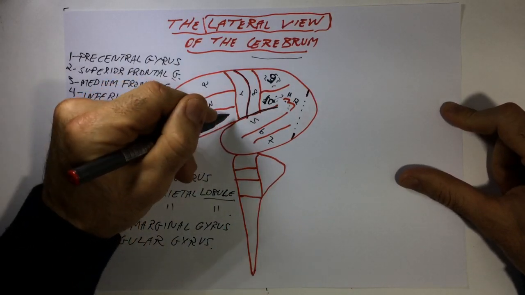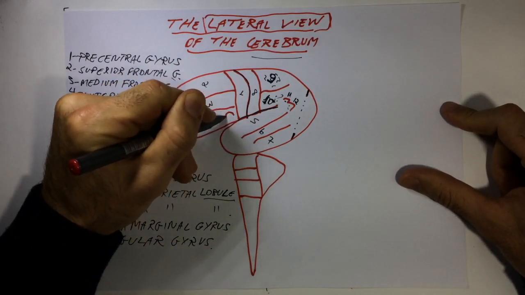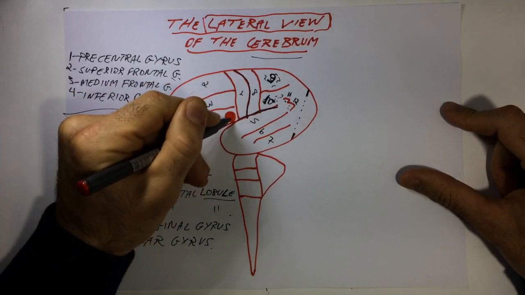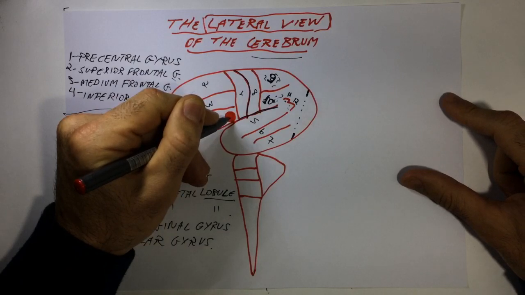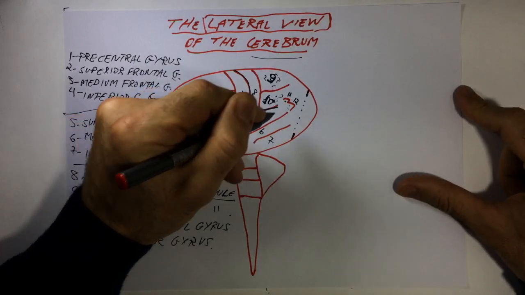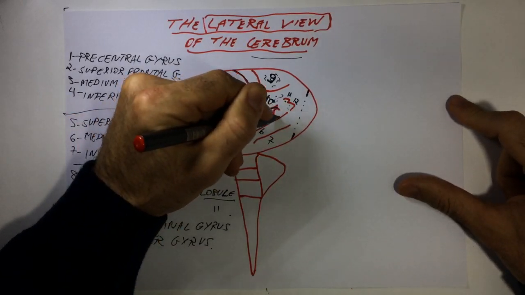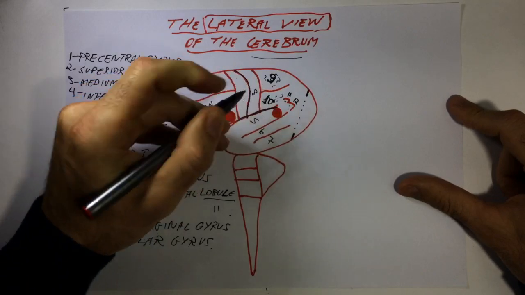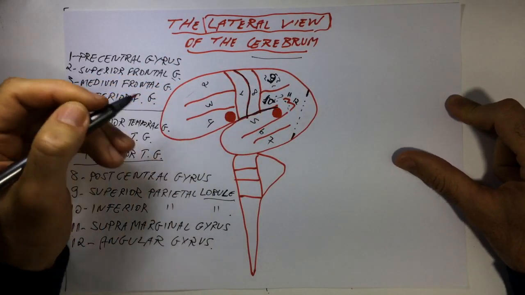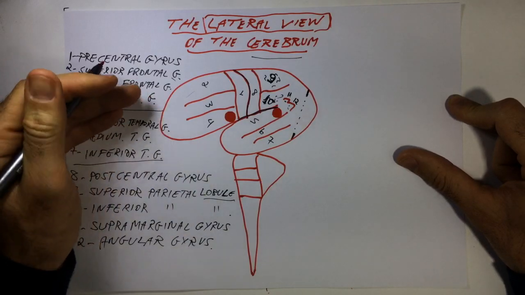So here, right here in the frontal lobe, in this structure here, we have a very important area called Broca's area, that is related to language. And here in the temporal lobe, these two structures are actually way more common in the left hemisphere.